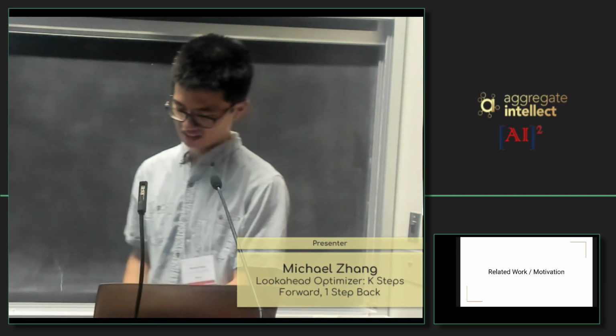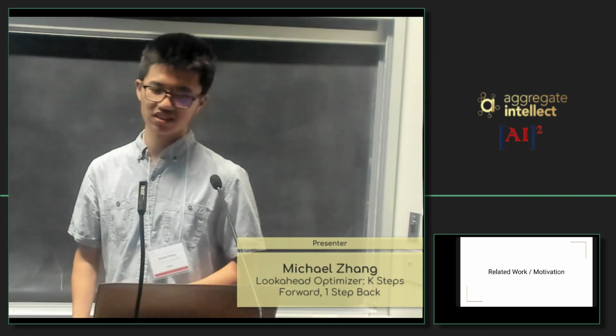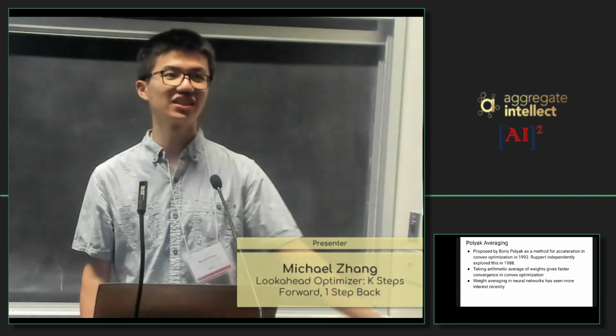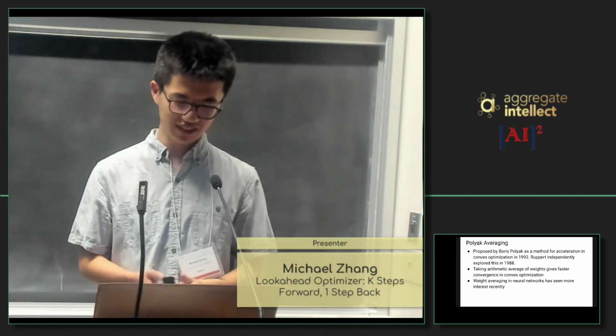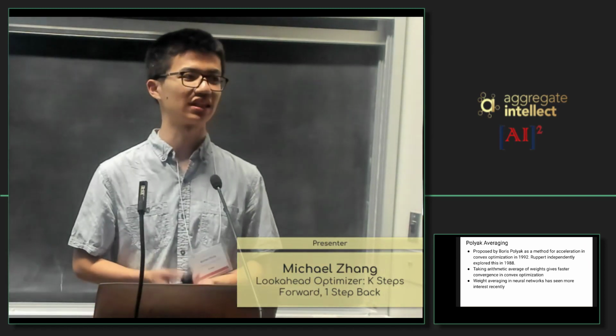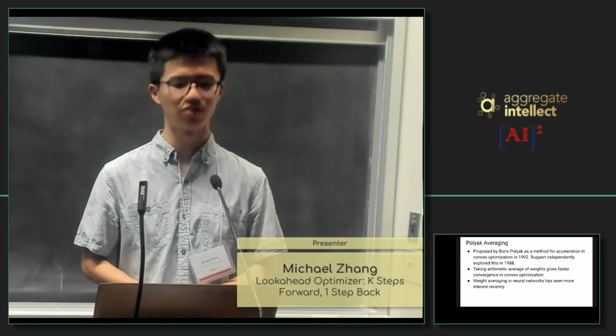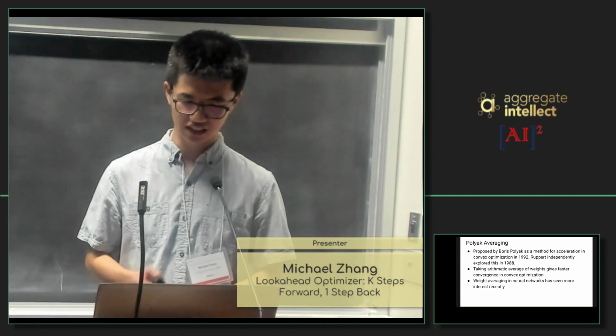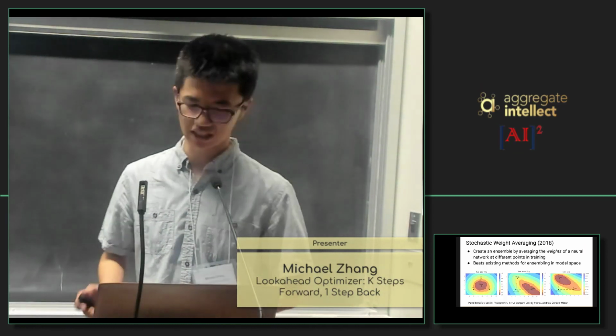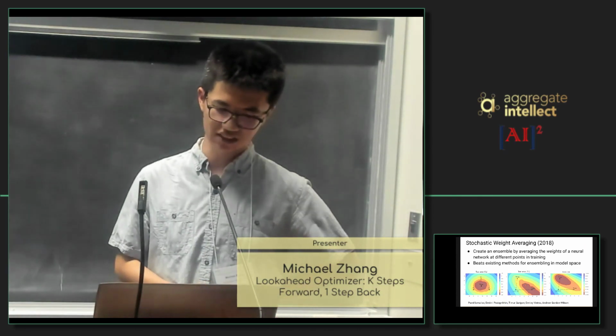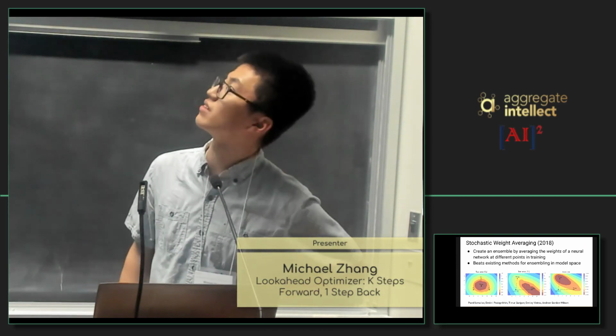Sure. Okay. So while weight averaging has been studied in convex optimization, people haven't really looked at it more carefully in neural networks until more recently. One example of this is stochastic weight averaging, which comes from a group from CMU in 2018.